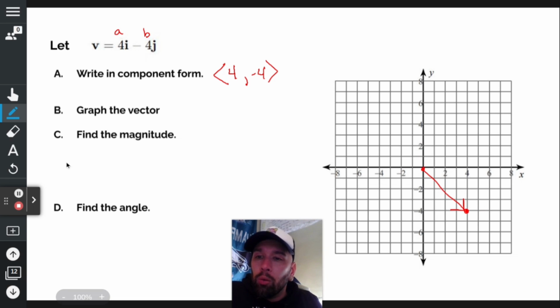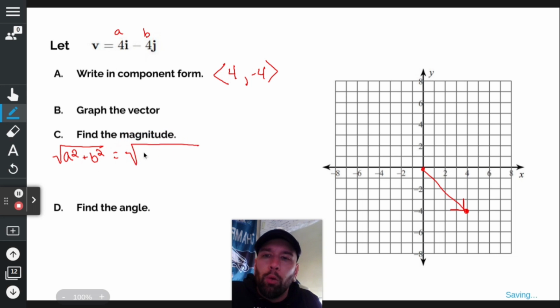Finding the magnitude is found by taking the square root of a squared plus b squared. If you're my A and you're my B, it would be the square root of 4 squared plus -4 squared.